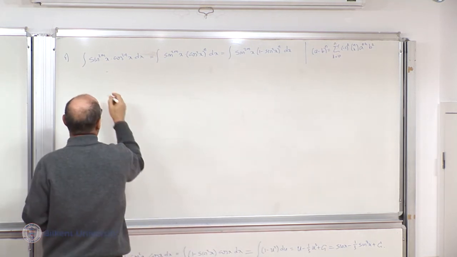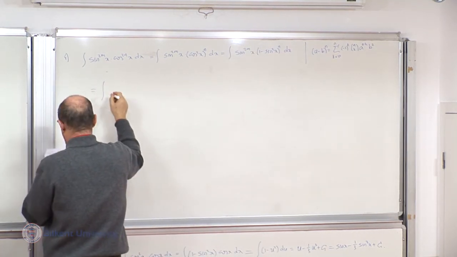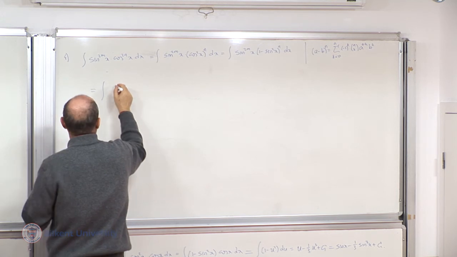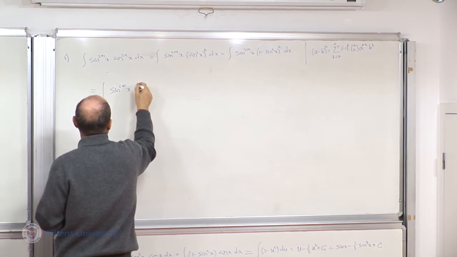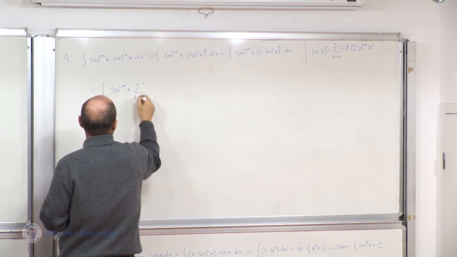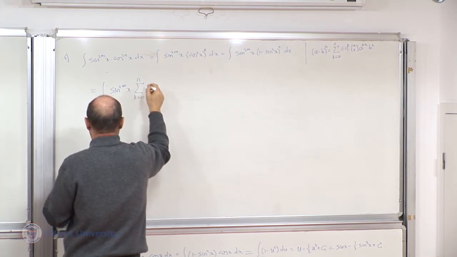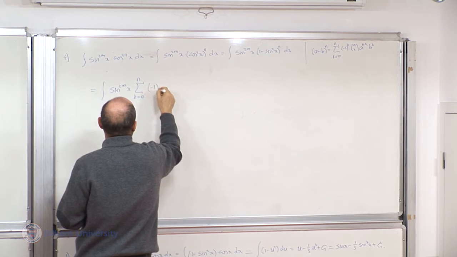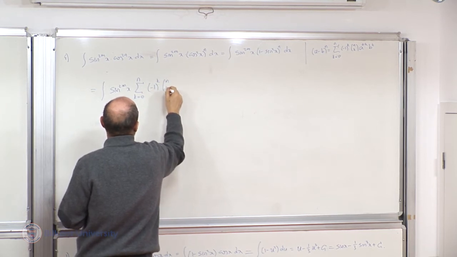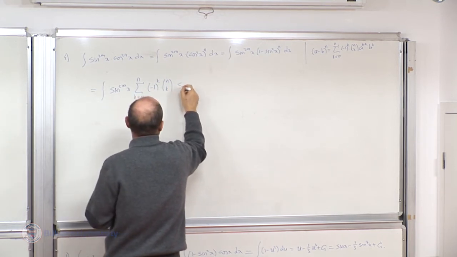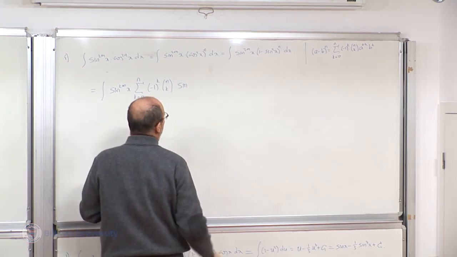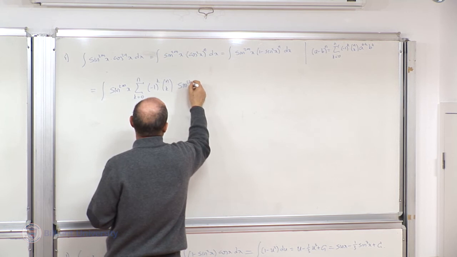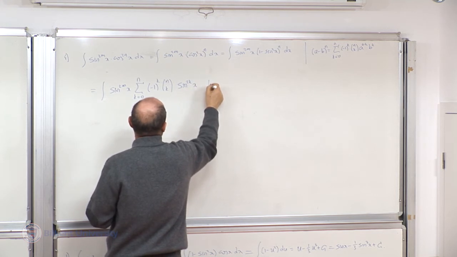If we use that, the integral becomes, just for the fun of it, sine^(2m) x times summation k equals 0 to n of (-1)^k, n choose k, sine^(2k) x dx. My b is sine square.